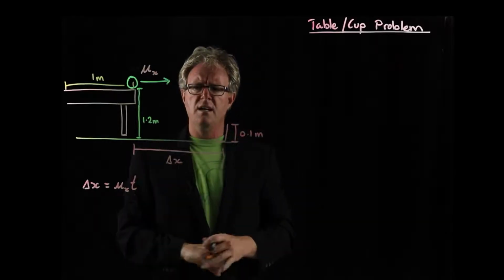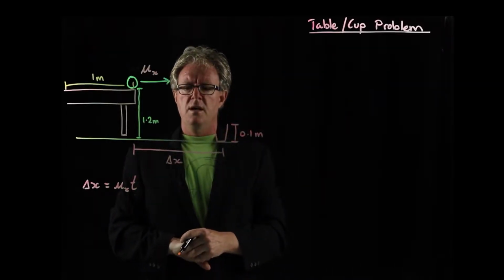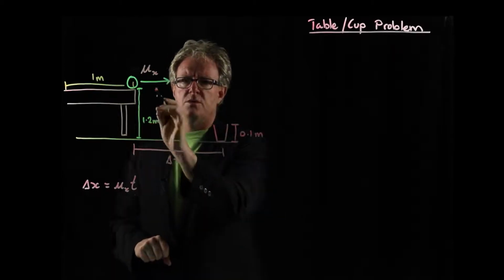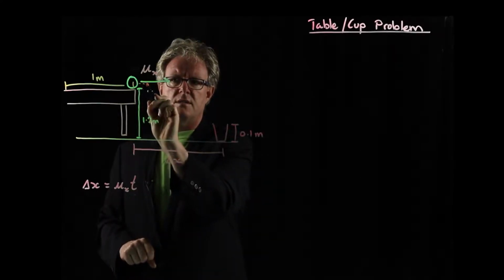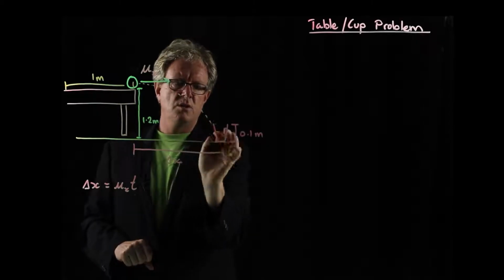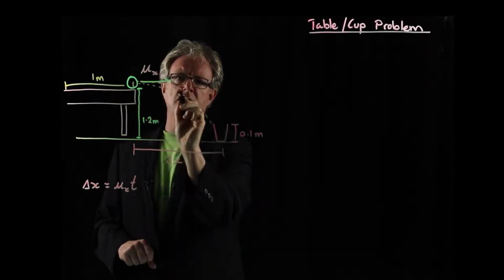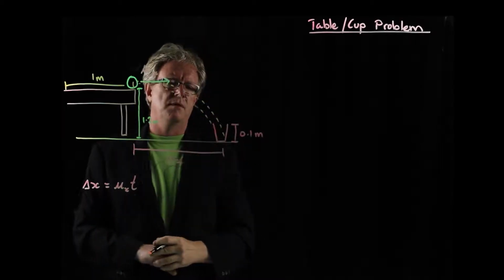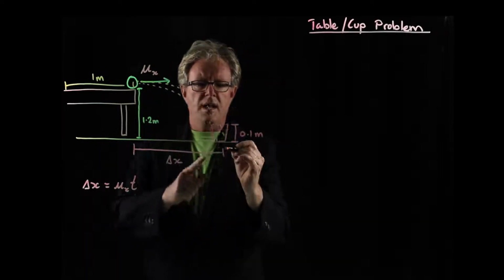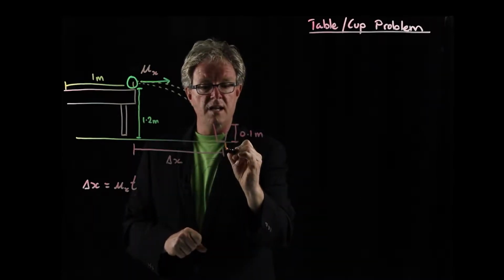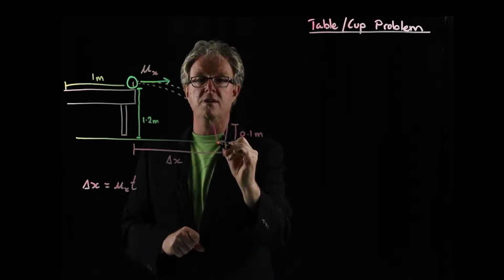So first of all, let's calculate the time of flight. And here's where we need to be a bit careful, because when we've got a cup, if this ball was to come down like this, it could hit the side of the cup. We want the ball, if we can, to come down and go into the cup. So really, it depends on where we're measuring our range. Are we measuring the range at the end of the cup, in the middle of the cup, or the front of the cup?